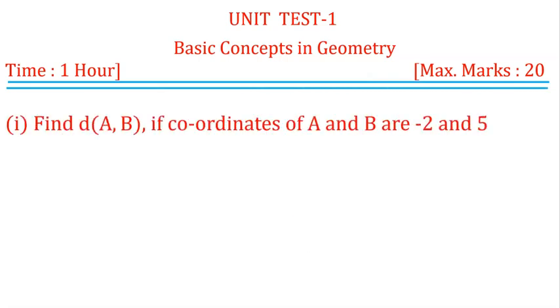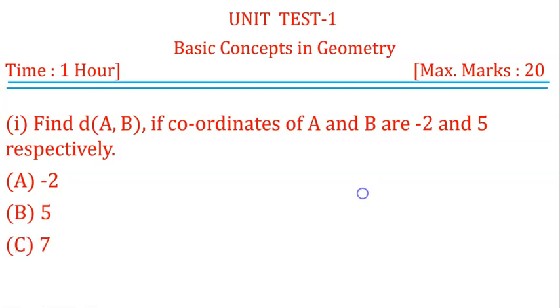The first question, find distance AB if coordinate of A and B are -2 and 5 respectively. The options are A is -2, B is 5, C is 7, D is 3.